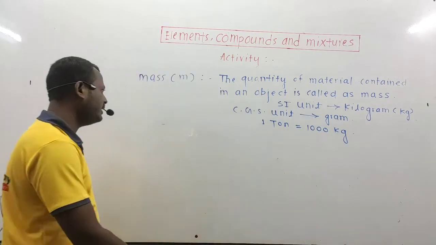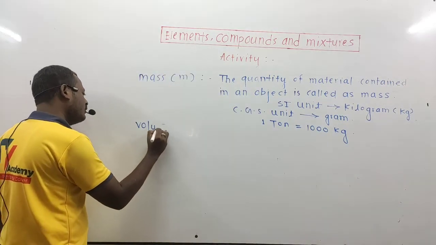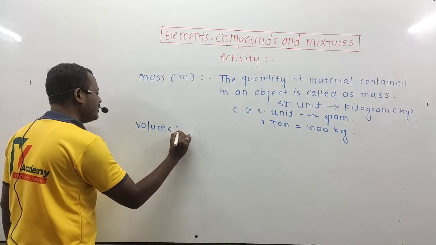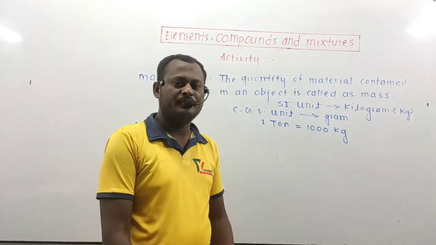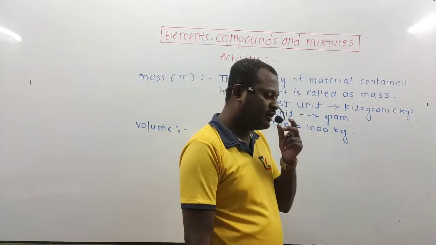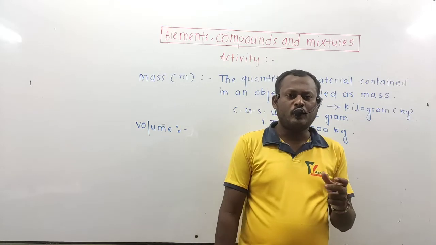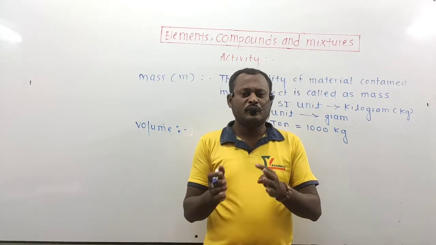What is meant by volume? The space occupied by an object is called volume. Whatever may be the object, that object occupies some space, and that is called the volume of that object.